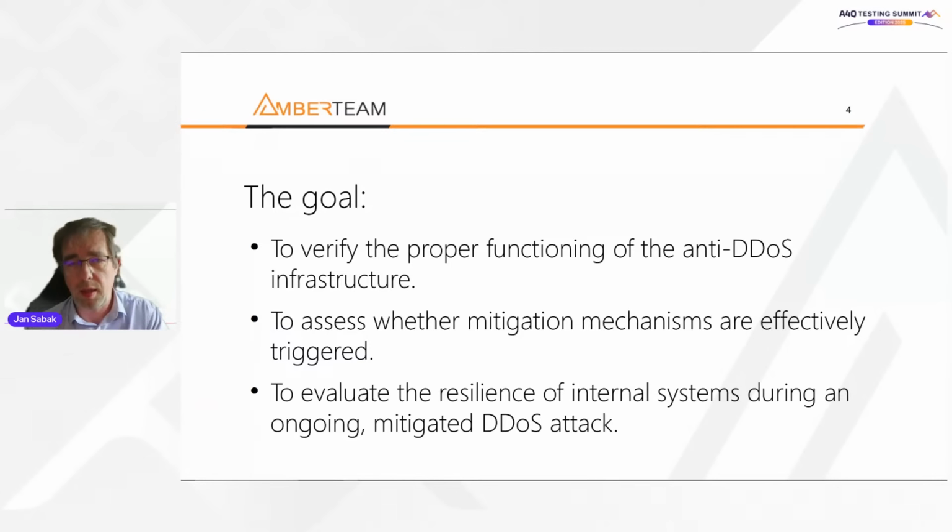And this mechanism should be effectively triggered. So this is the second goal of usual simulation. But the good infrastructure will stop only the incoming attack. So you have several sources of your network communication.